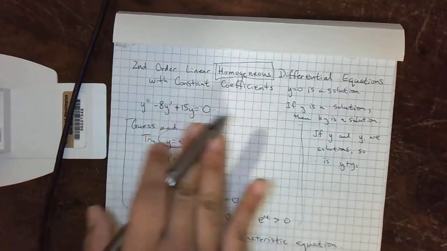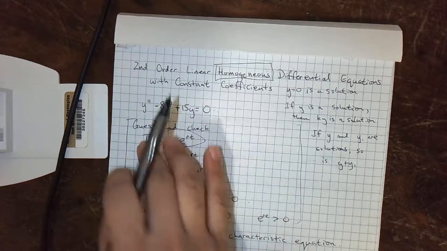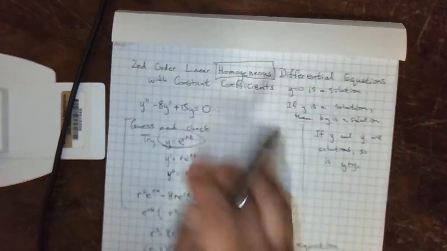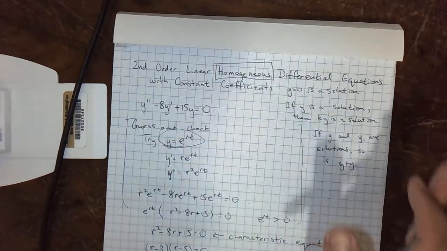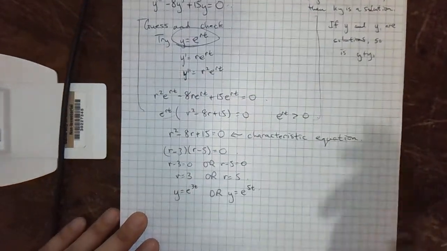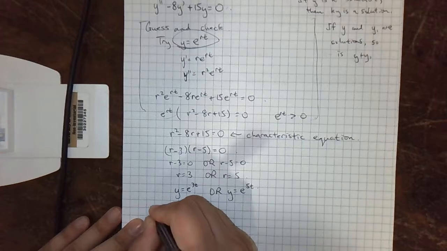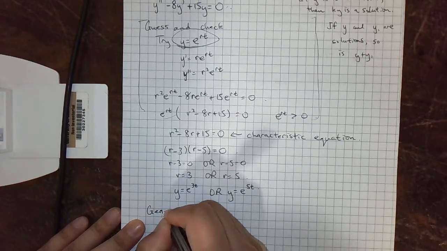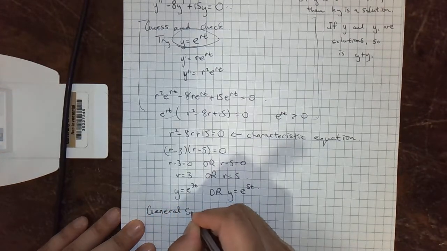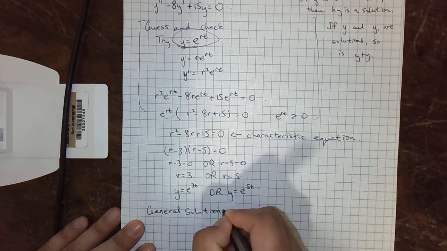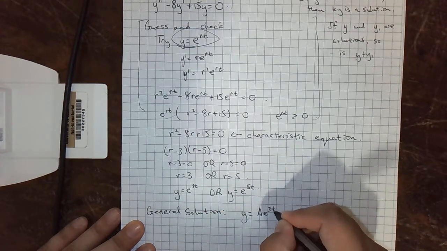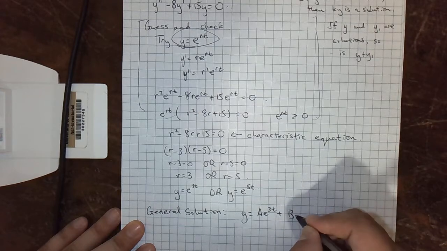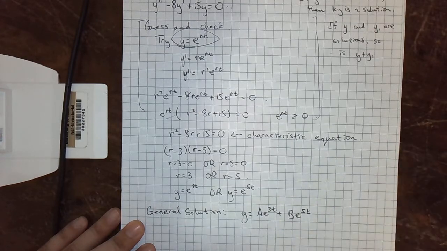So then you get the differential equation in terms of y, and then plus the same thing in terms of y1. 0 plus 0 is 0. So what we can do is we can look at our guessed two solutions and come up with a general solution, which is y equals a times e to the 3t plus b times e to the 5t.